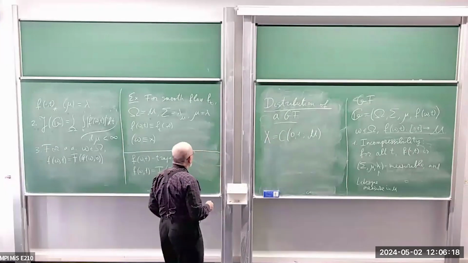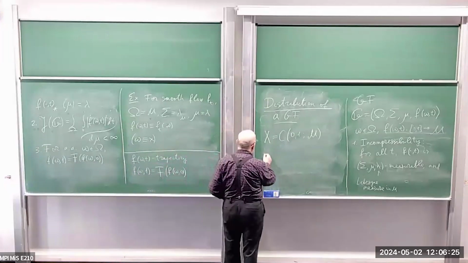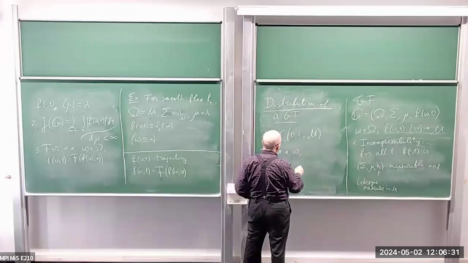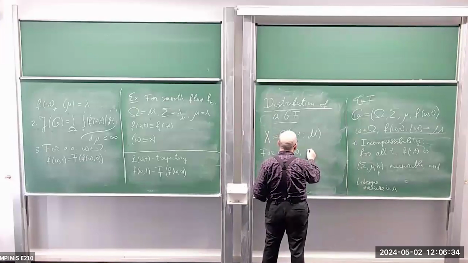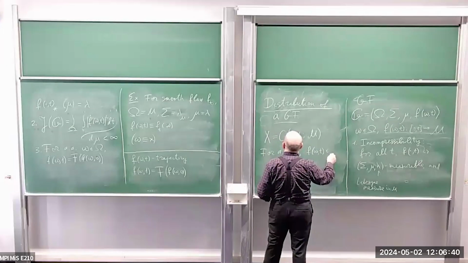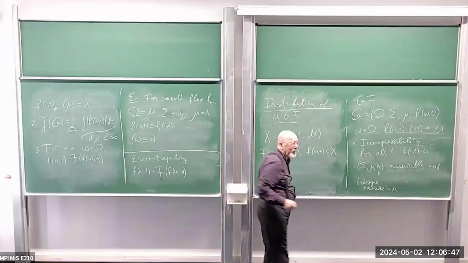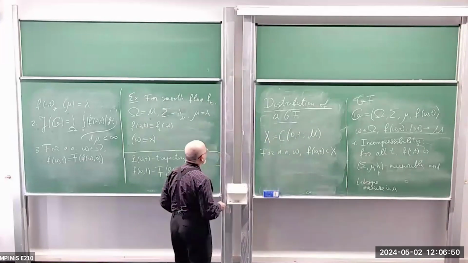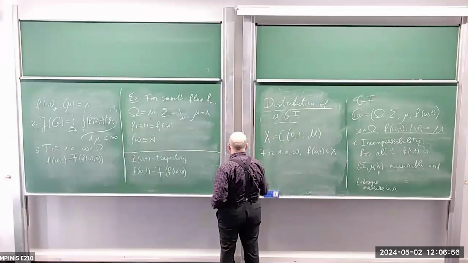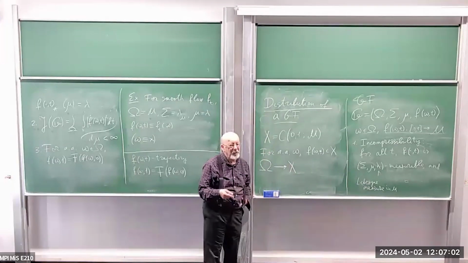Then almost every trajectory, or almost all omega, trajectory f of omega t belongs to X, is an element of X. And so we have this map from omega to X, which is defined almost everywhere.